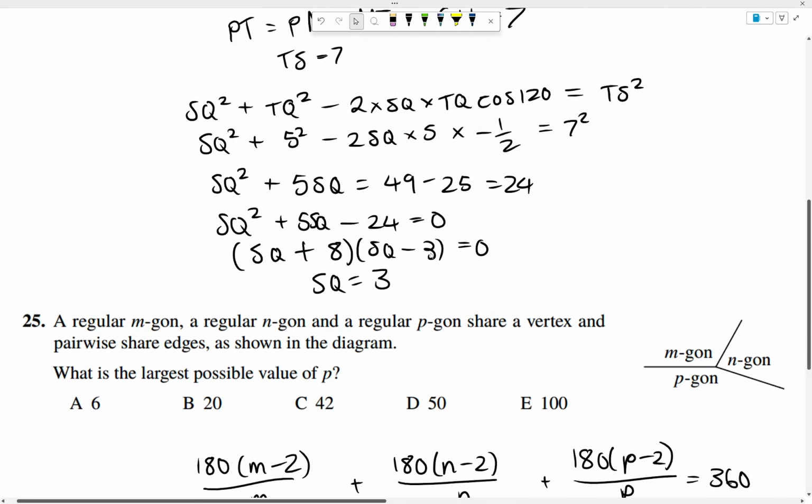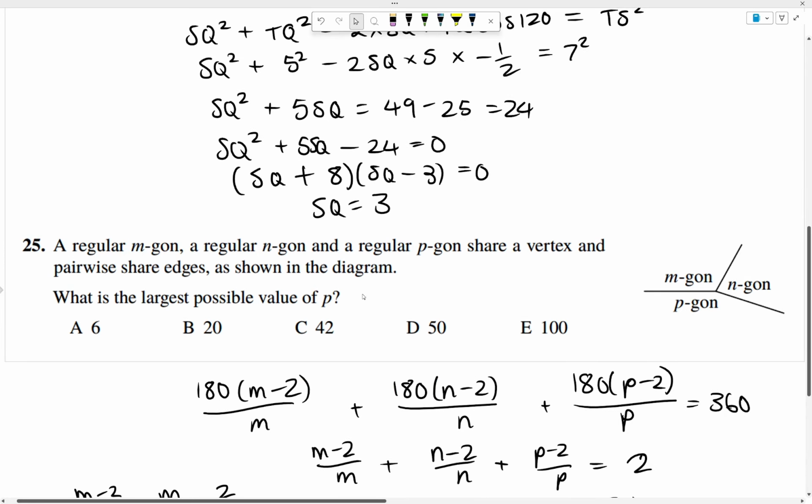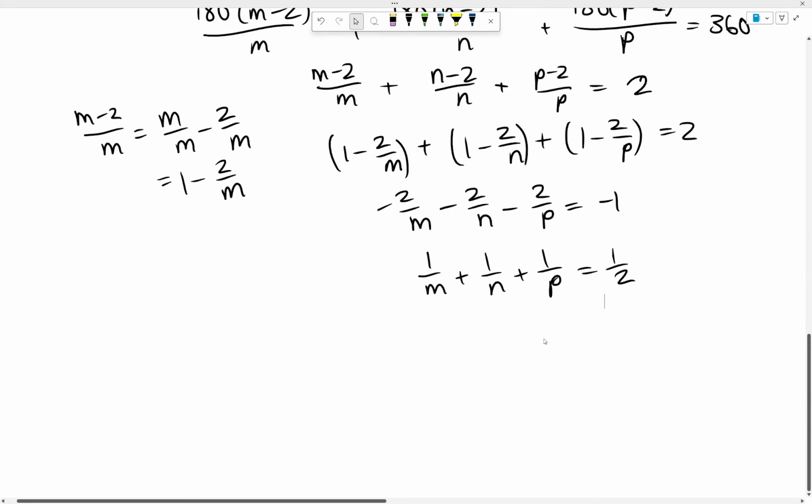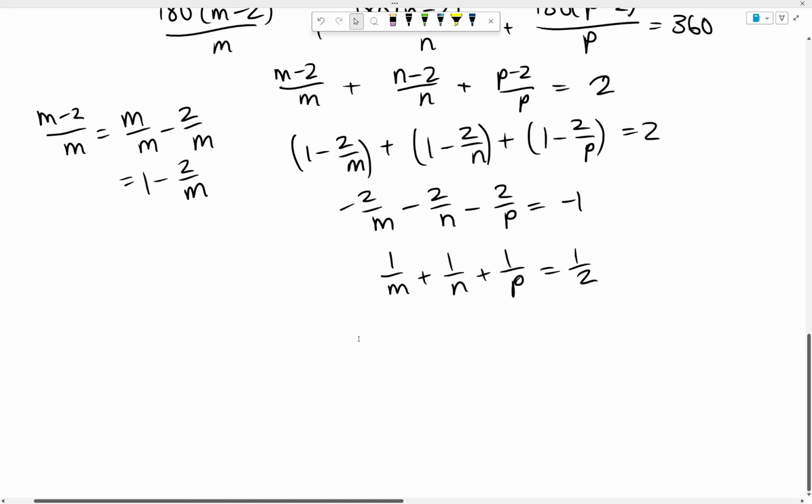So we're trying to maximize the value of p, which means we're therefore trying to minimize the value of 1 over p. So my instinct would just be to try some values of m and n and see what happens. Because we're looking at polygons, m and n must be at least equal to 3.